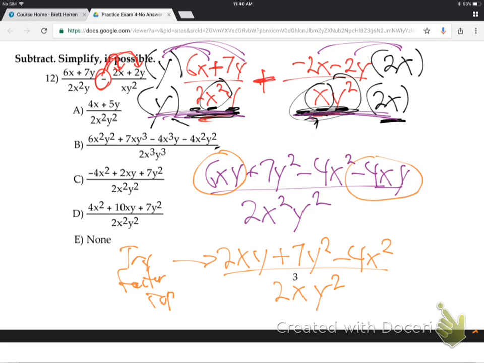There's not a number that goes into 2 and 7 and 4. Right? So we're done. This is our answer. The order doesn't matter. Just find the one. Is it C? Yeah, it's C. No. C has the wrong denominator. Oh, did I mess up on the denominator? Oh, I lost the square there. It's C. Good?